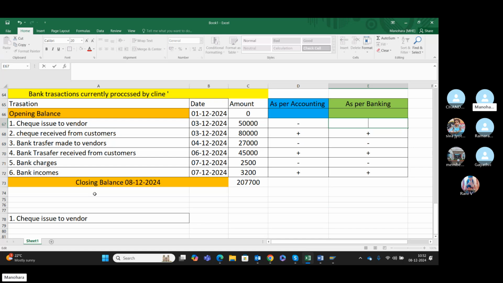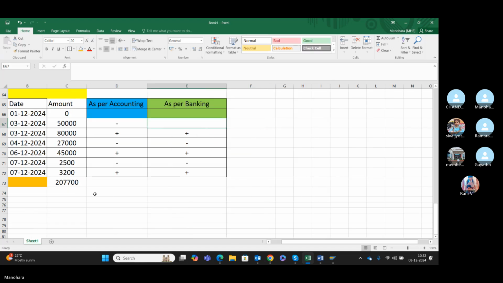As per banking, it's a debit or credit? So minus means debit as per banking. So debit, DR. I will write DR. Okay.